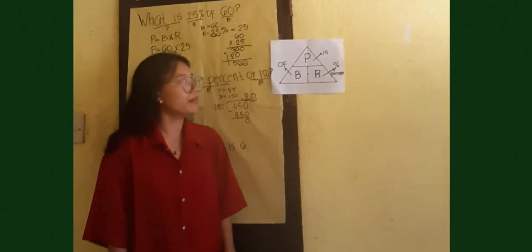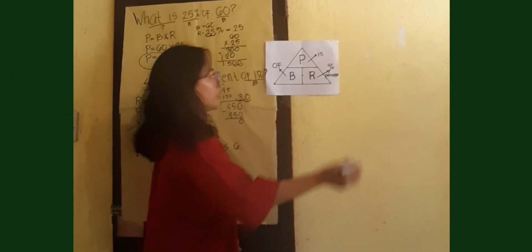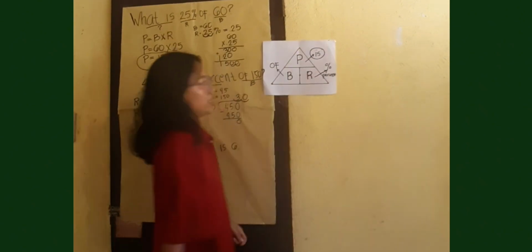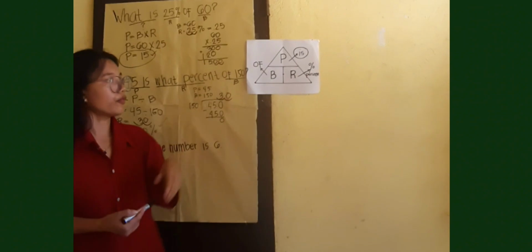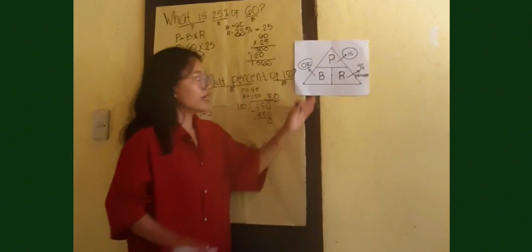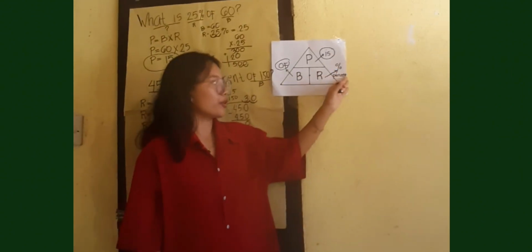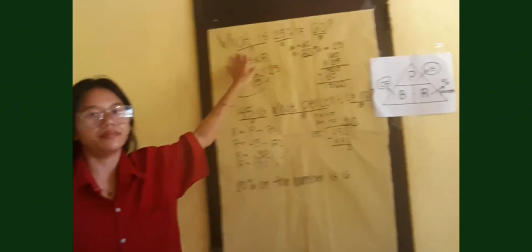If the given problem has the word is, then that is the percentage. And if it always has the word of before the number, then that is the base. And if it always has a percent sign or the word percent, then that is our rate.